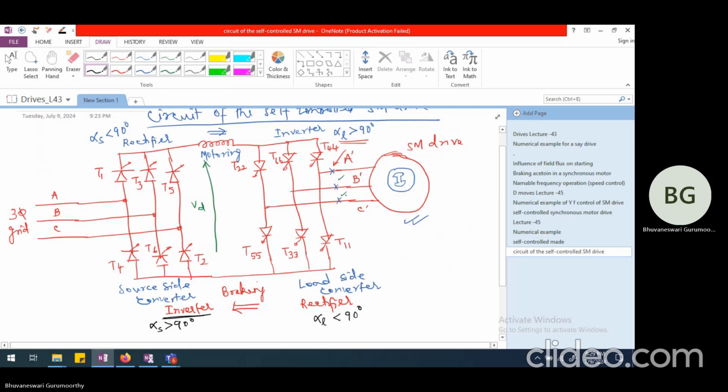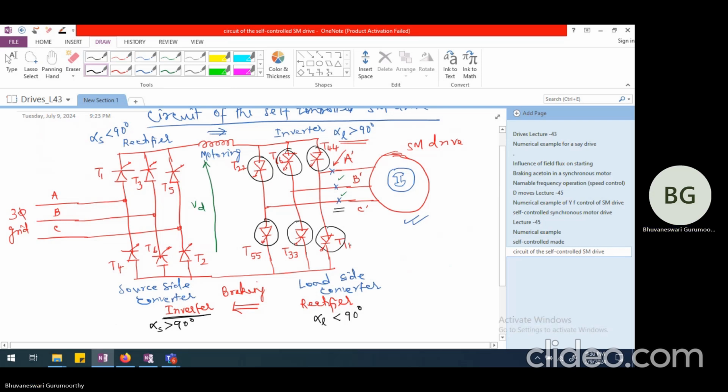So it is essential for us to have a good amount of voltage on the terminals of the synchronous motor drive so that these devices are commutated without any difficulty, without having any external commutating components.